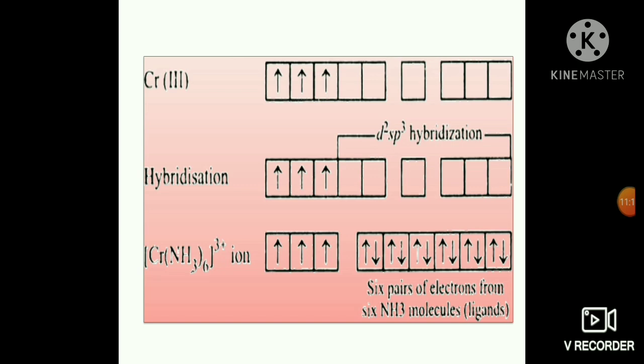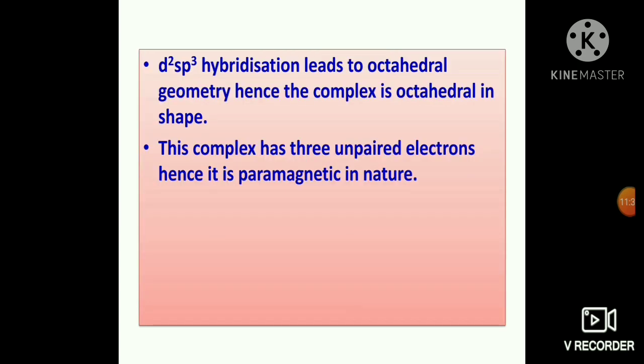Also, as this complex has 3 unpaired electrons, it must be a paramagnetic complex. So it is confirmed that VB theory satisfactorily explains the magnetic behaviour and geometry of the complexes.